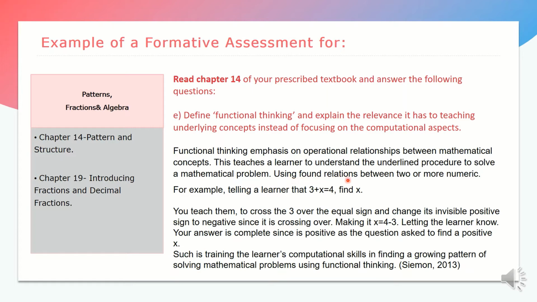Using found relationships between two or more numerics, for an example, telling a learner that 3 plus x is equal to 4, find x. You teach them to cross the 3 over the equal sign and change it to a negative sign, since it's crossing over, making it x is equal to 4 minus 3, letting the learner know your answer is complete since it's positive, as the question asks to find a positive x.